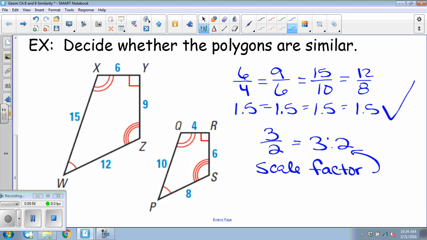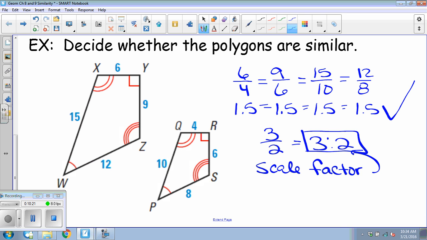We know 3 divided by 2 is 1.5. That means that this bigger figure is 1.5 times the smaller figure. So if I took 4 and multiplied it times 1.5, it would equal 6. It's 1.5 times bigger than the smaller figure.